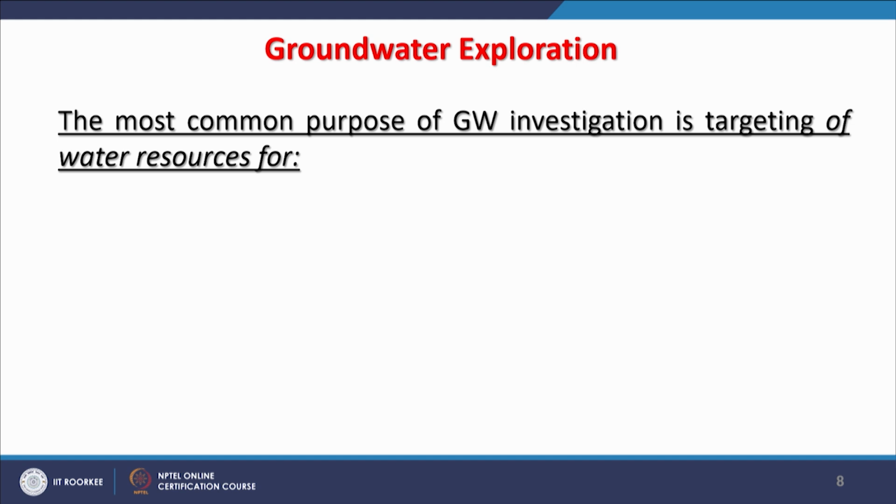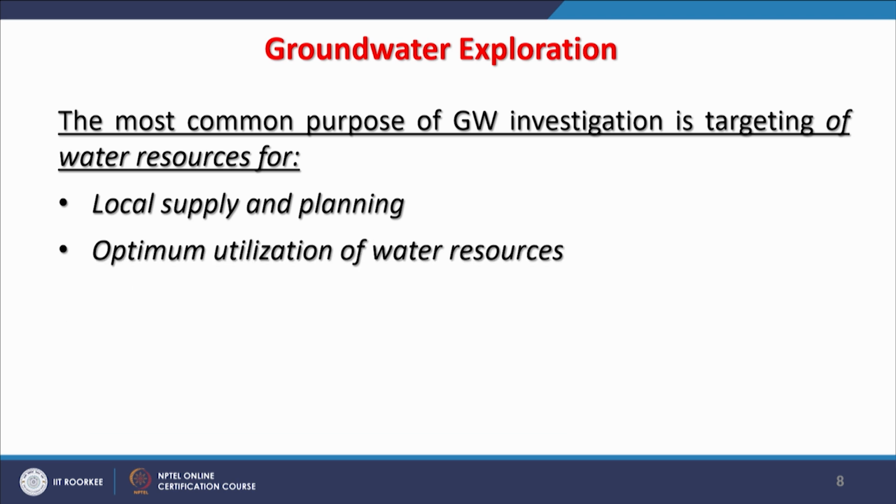So, the most common purpose of groundwater investigation is targeting of water resources for, of course, local supply and planning, local drinking water supply and planning, maybe some also industries.